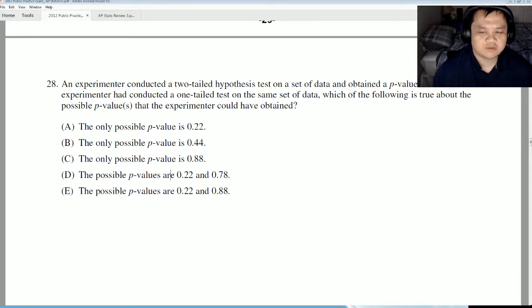Because it makes no sense for it to be 0.22 and 0.88, because that would be more than 1, so the probability would be off. Can you show that picture again?